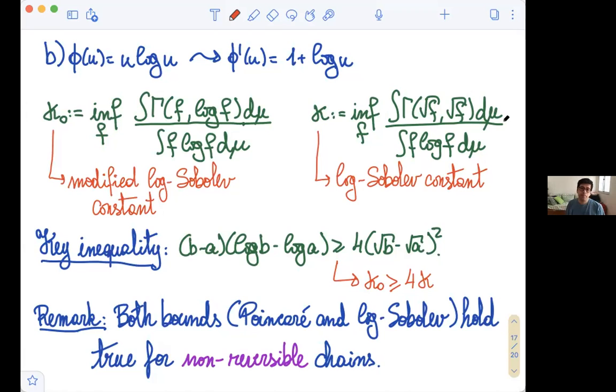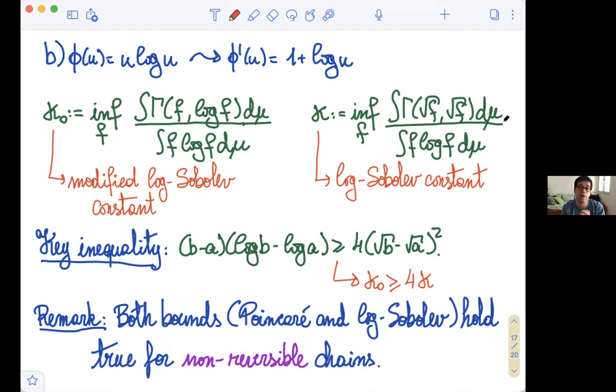But the Dirichlet form is somehow symmetric, right? So in a sense, it only looks at the symmetric part of the generator. So you can check that the exponential bounds that you obtain using the Poincaré constant and the log-Sobolev constant also hold for non-reversible chains.